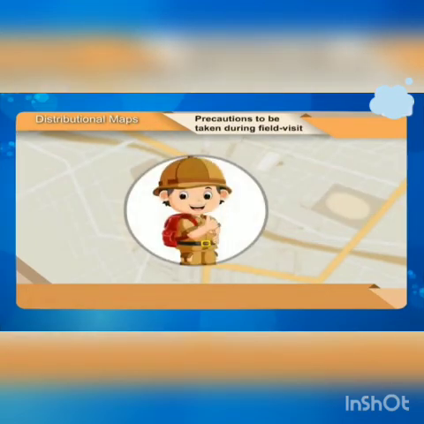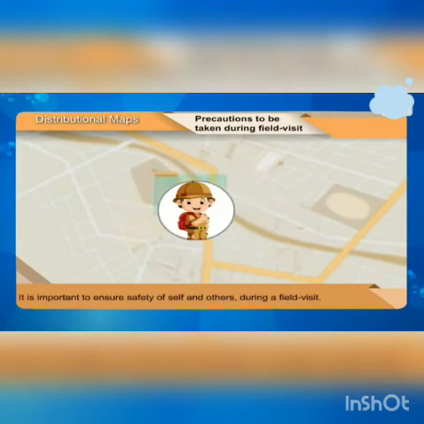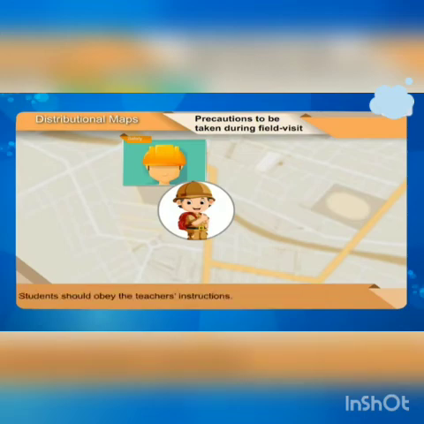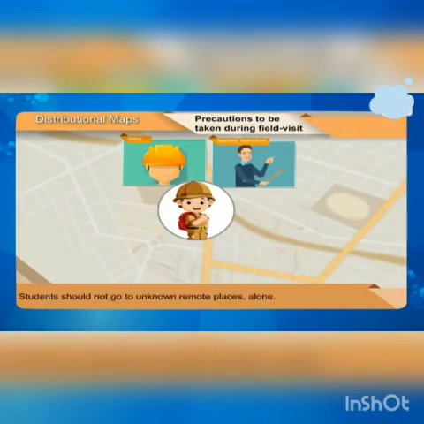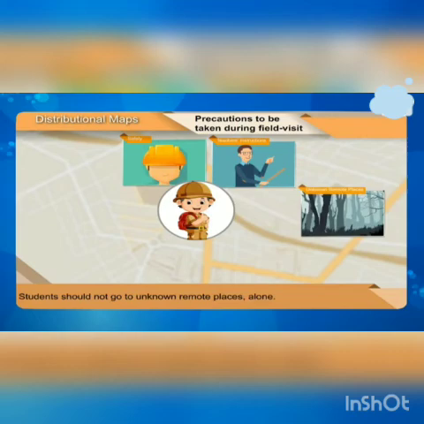Precautions to be taken during field visits are very important. We have to ensure our safety as well as our friends' safety during the field visit. We have to listen to our teachers' instructions, what they are saying, and obey them. We will not go without permission to an unknown place alone. Some students say, oh, we are smart, we will go here and there.